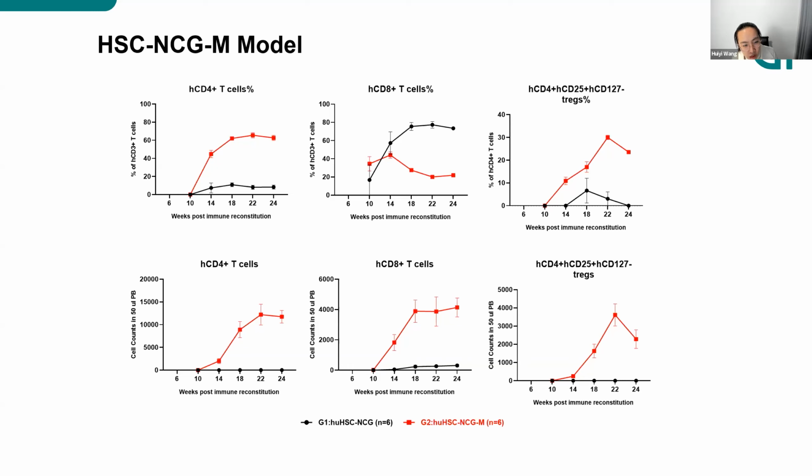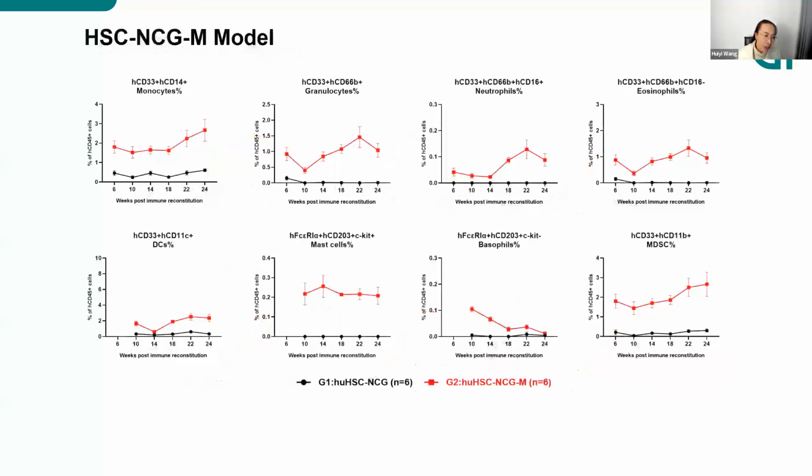This is the percentage, and this is the cell count. So if your test article is targeting the expression on the Tregs, you can also try these mouse models.